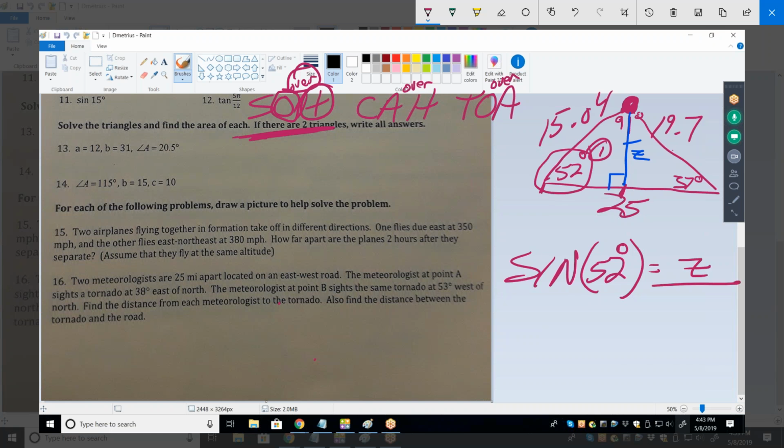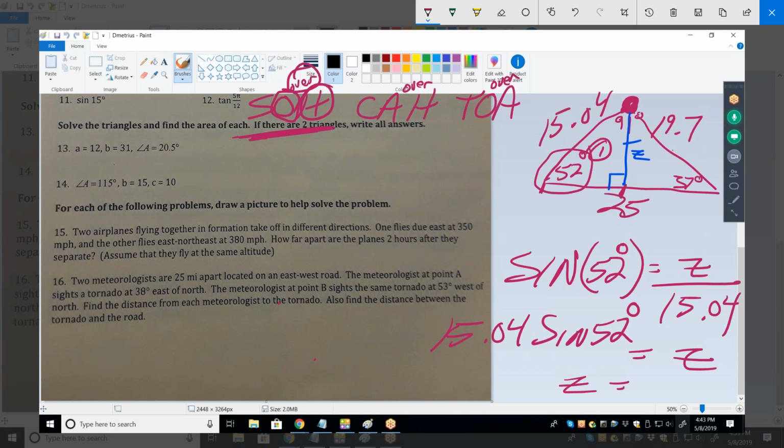What's the hypotenuse? 15.04. That lets you solve for z. z is equal to 15.04 times the sine of 52 degrees. Go ahead and come up with that number. 11.82.